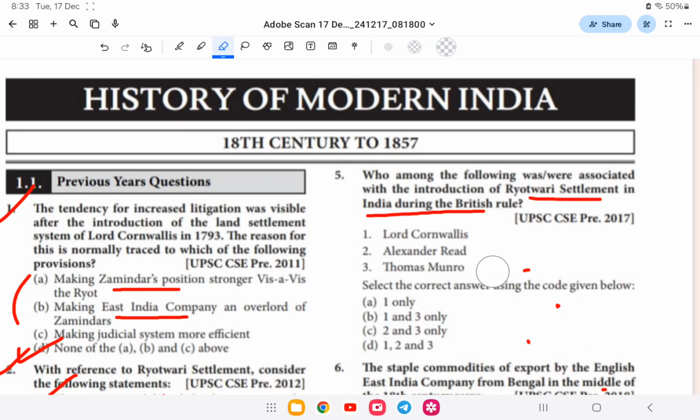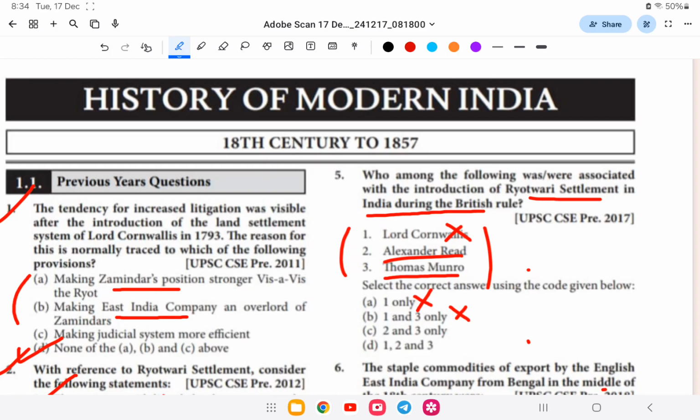This question was asked in the 2019 exam also. Cornwallis is not under Ryotwari, he is under the Permanent Settlement or the Zamindari system. So one is eliminated. Thomas Munro and Alexander Read are 2 and 3. So the answer is option number C, that is 2 and 3 is the correct answer. Next question.